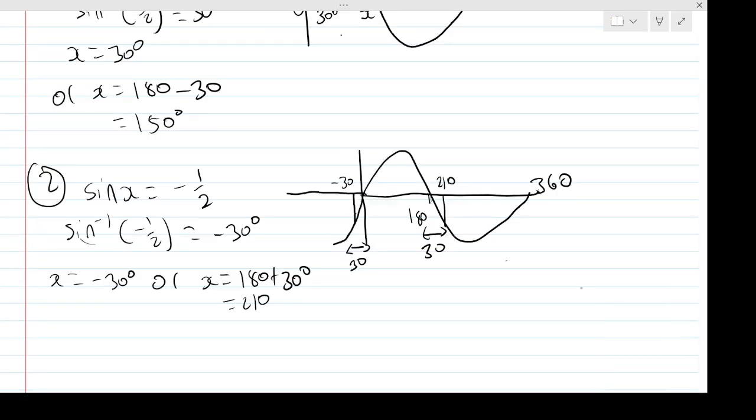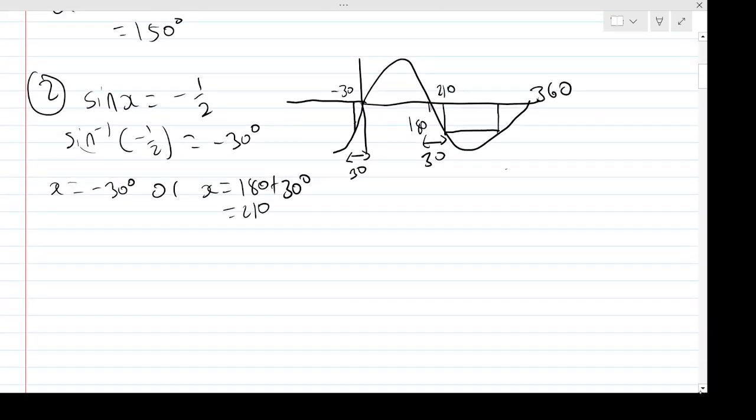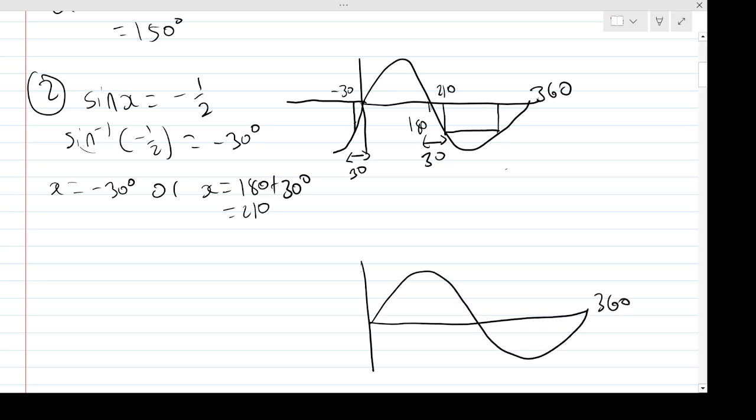Now, as for this next solution, if I read across that point there, to deduce that solution, we're going to recall that the trig graphs repeat themselves. In the case of the sine graph, it repeats every 360. So if I draw the graph again, we have 360, and then we can go backwards.